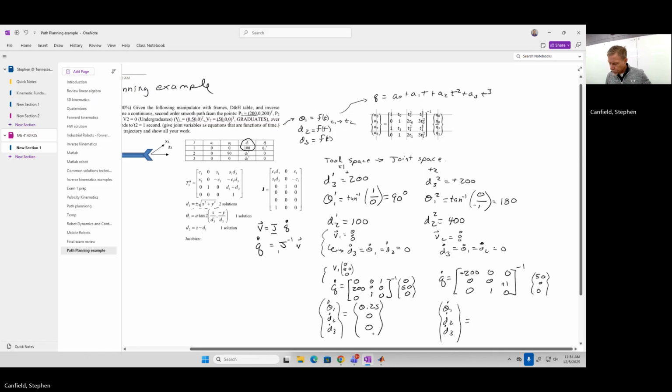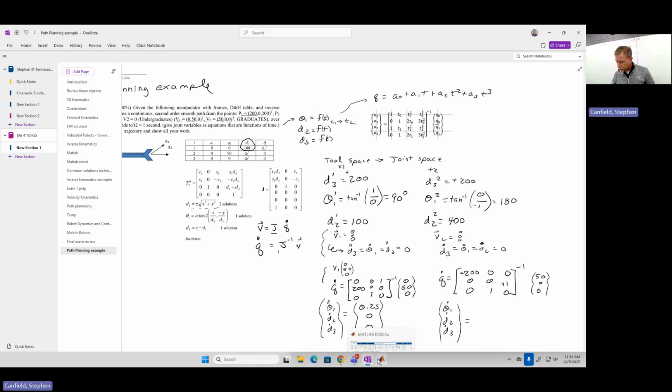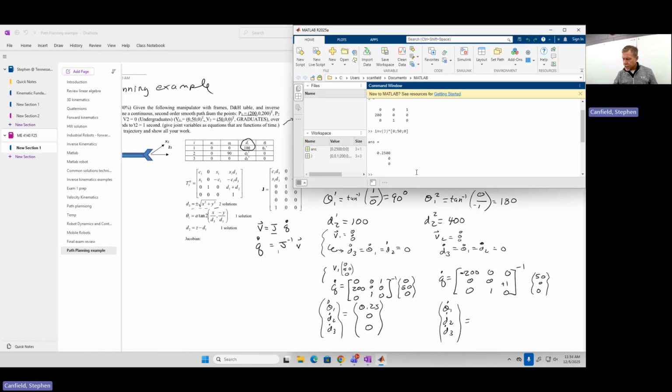Okay. And now I have to do the same thing for my second time step. So now my J matrix is negative 200, 0, 0. Second row is 0, 0, 1. Third row is 0, 1, 0. Again, I'm going to multiply that times my V, which is now 50, 0, 0.